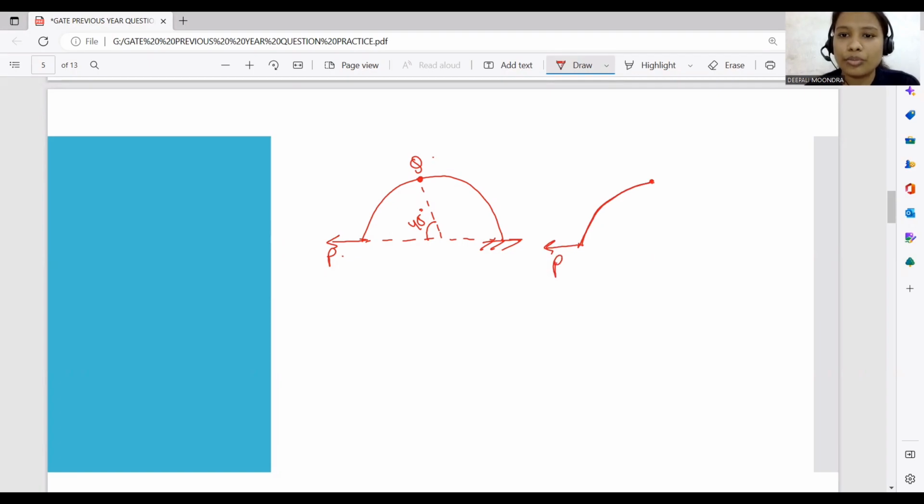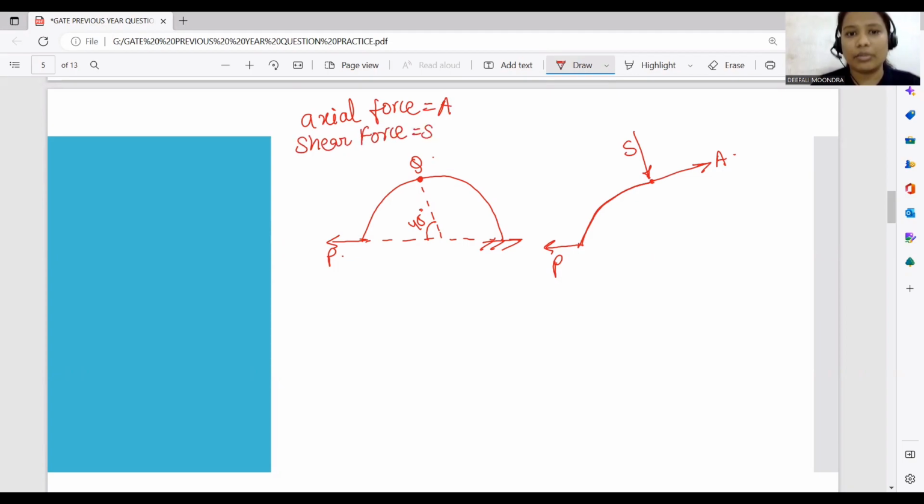At this point Q, there can be an axial force and a shear force. I am denoting the axial force by capital A and the shear force by capital S, and they make a 45-degree angle with the x-axis and the y-axis.